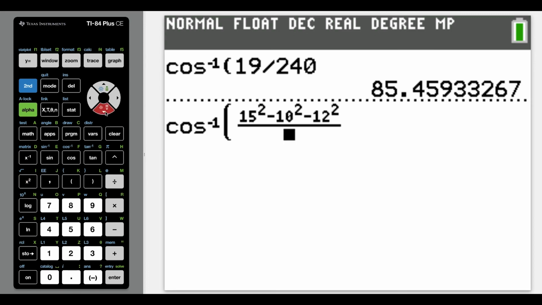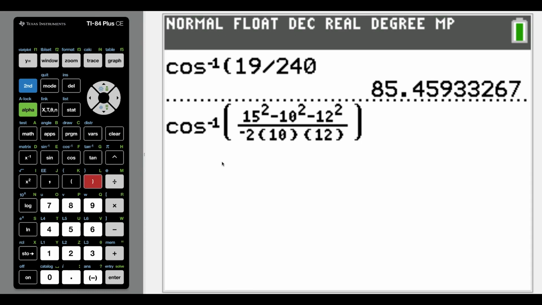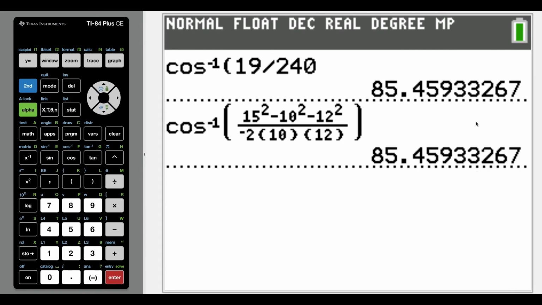And we're dividing by negative 2 times r times q. So r once again is 10, and q was equal to 12 units. So watch what happens here. If we exit that, close the parentheses and press enter, notice we get the exact same answer. So it depends on your style. If you prefer option 1, go with option 1, or you could go with the second option here.